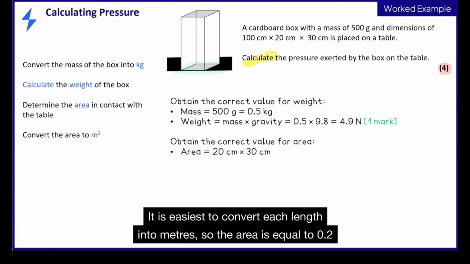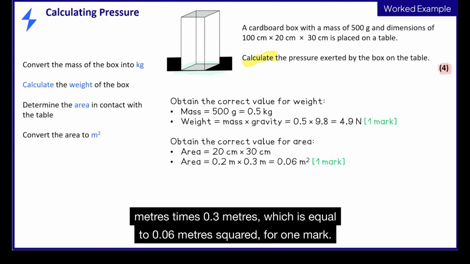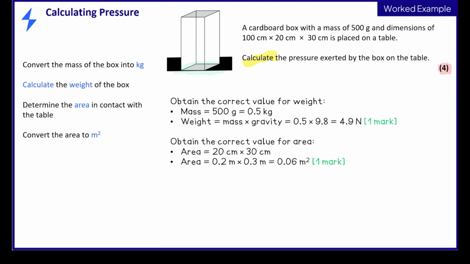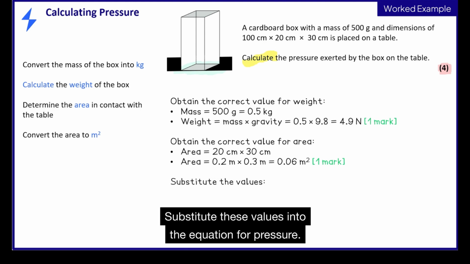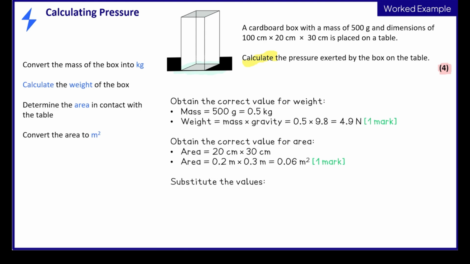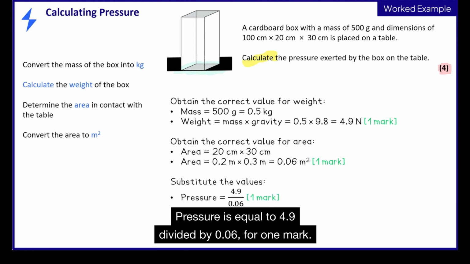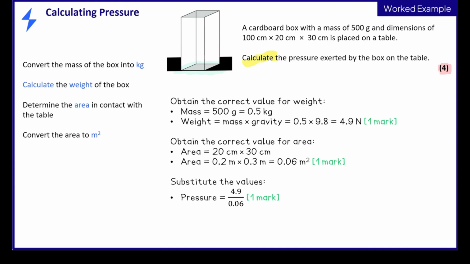It is easiest to convert each length into meters. So the area is equal to 0.2 meters times 0.3 meters, which is equal to 0.06 meters squared for 1 mark. Substitute these values into the equation for pressure. Pressure is equal to 4.9 divided by 0.06 for 1 mark.